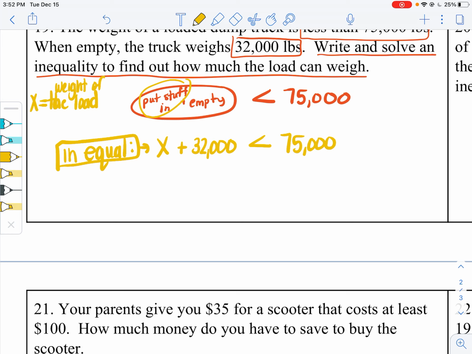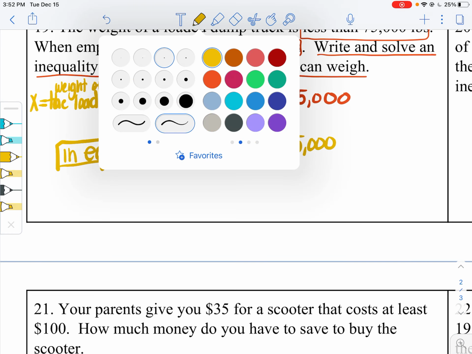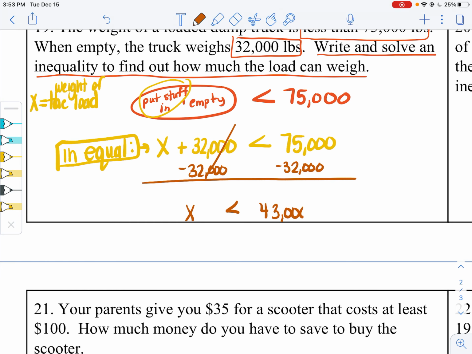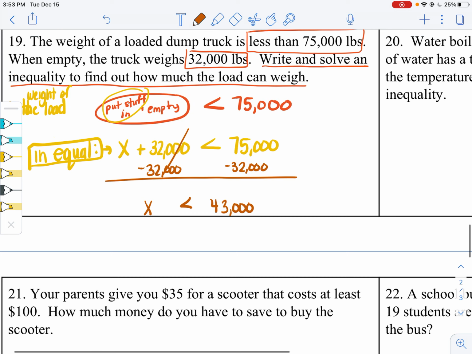Now we're going to use inverse operations to solve our inequality. So we are going to subtract 32,000 on both sides. And then x has to be less than 43,000 pounds.